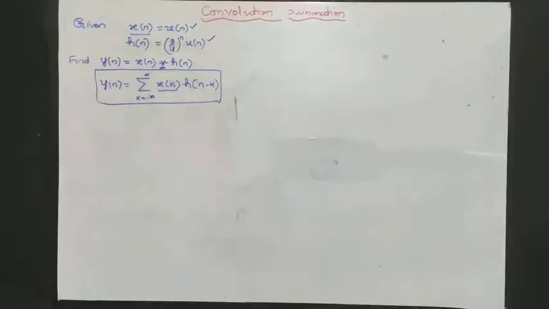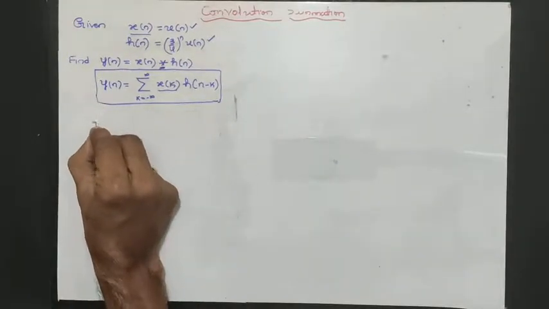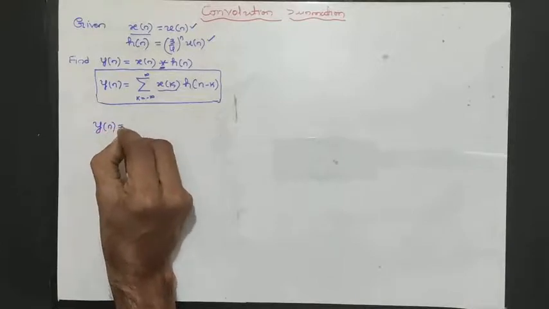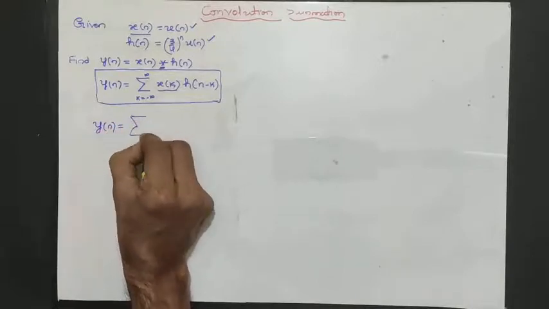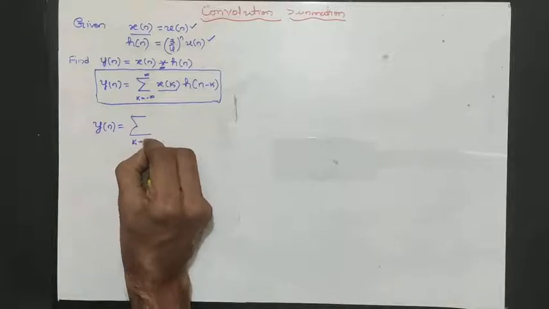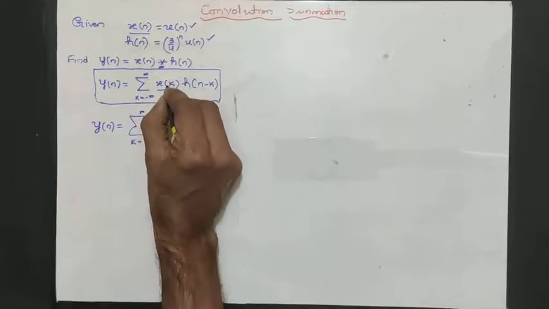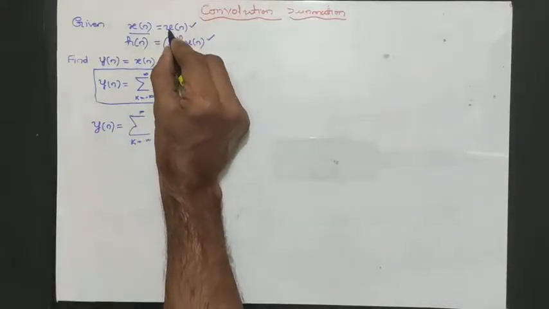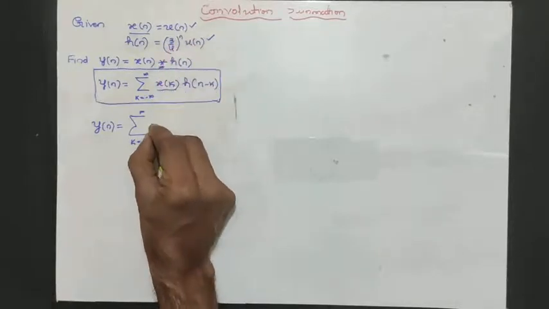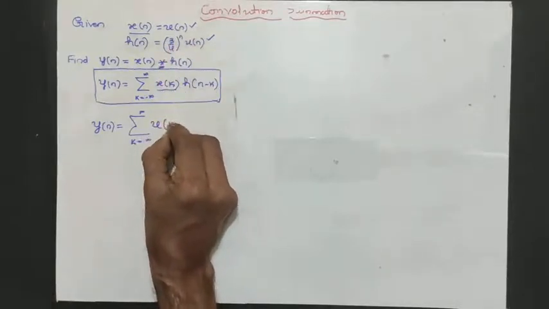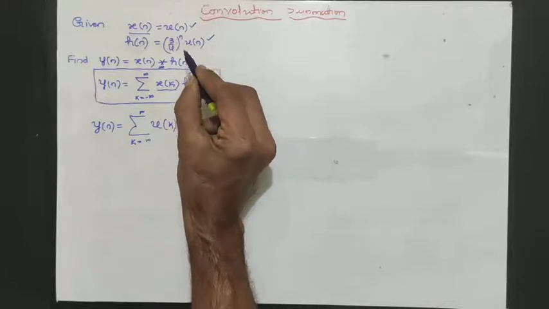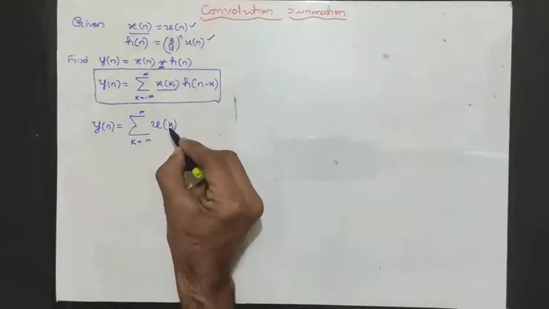Now, let me apply this concept. y of n is equal to summation k equals minus infinity to infinity x of k. What is this? u of n is there. Instead of u of n, u of k. What I am doing is, instead of n here, I am just replacing it with k.